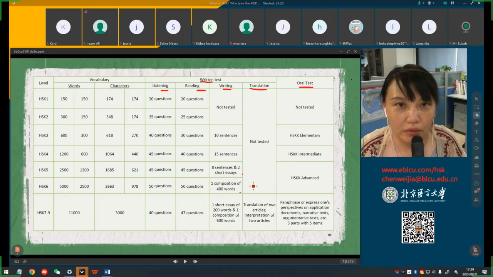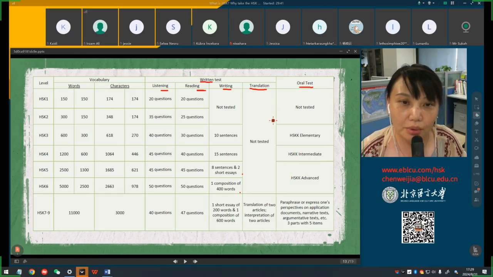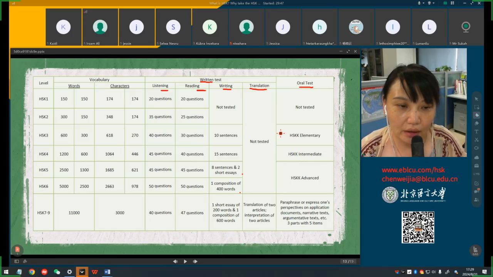So when you register for the HSK test, you can just follow the instructions of your local test center to also register for the oral test. And if you want to know more details about how the oral test is structured and how to prepare for that, I have another open class I held before the summer vacation.